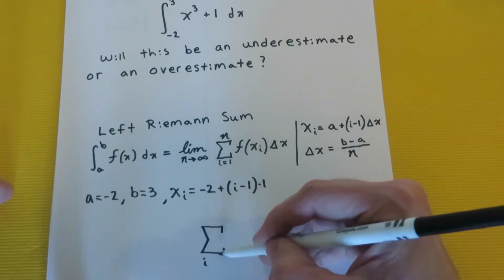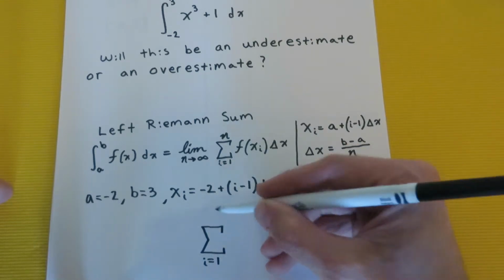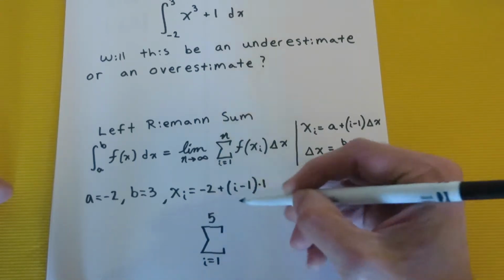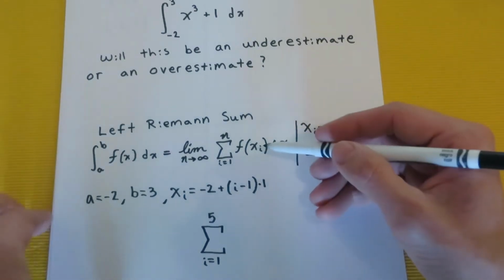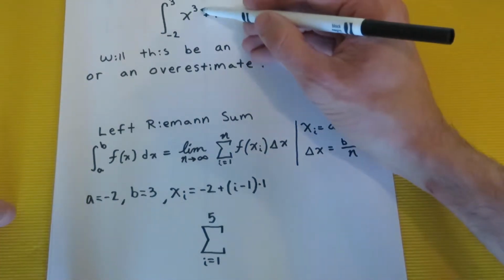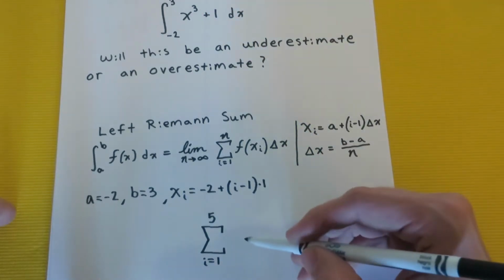And when we write our sigma notation here for our summation, we just get the sum from i equals 1 to 5. f of x is just going to be something cubed plus 1.